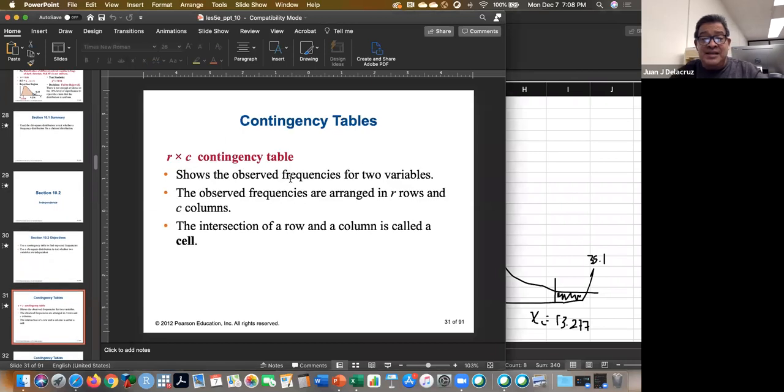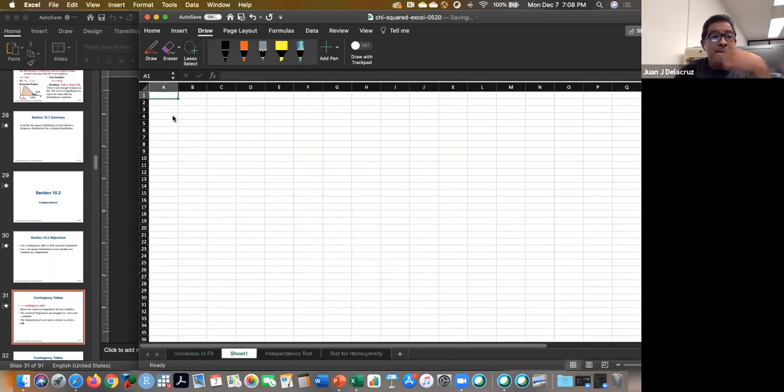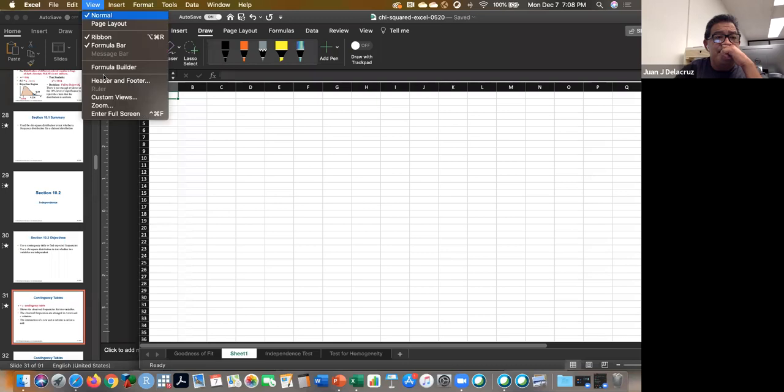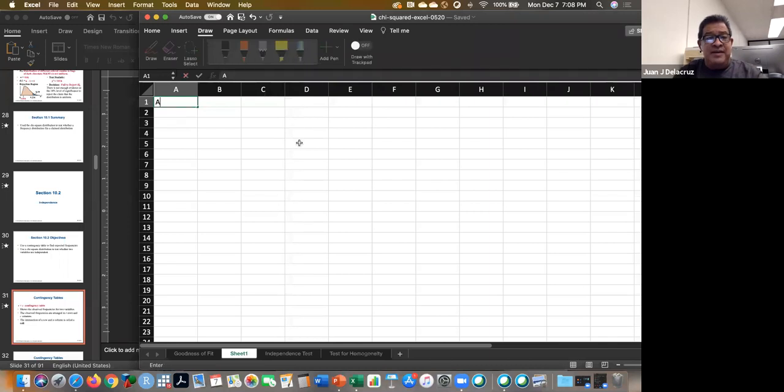So independence is a very, very important test. So just imagine that one depends on the other. Like, for example, you have data on, I don't know, a variable that is going to be called A and a variable that you are calling B, right?